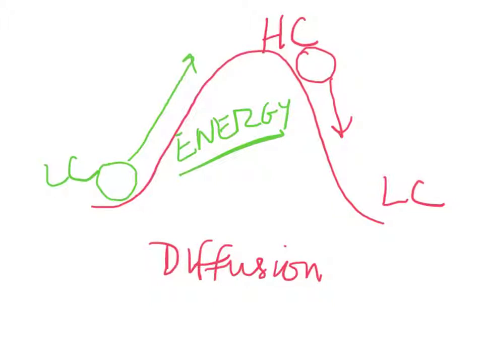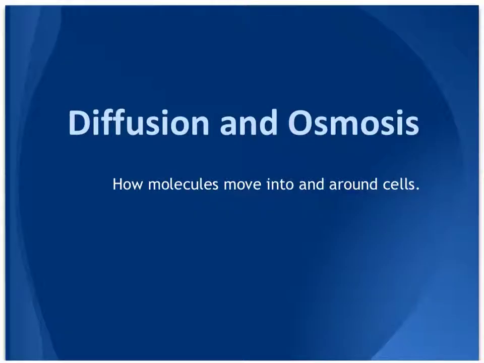And we might want to do something like that if the molecule, for example, is something that we don't want in the cell anymore. We want to pump it out, and we don't want any of it there at all. For example, there are points in the cell's processes that want to take hydrogen ions and pump them out of the cell.